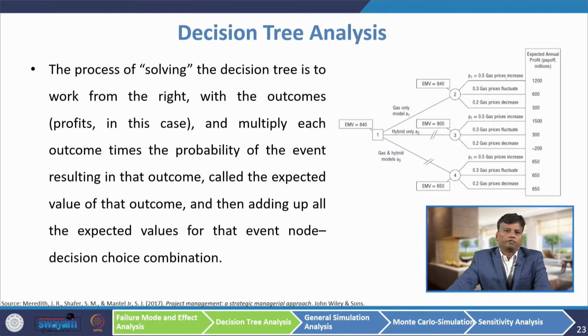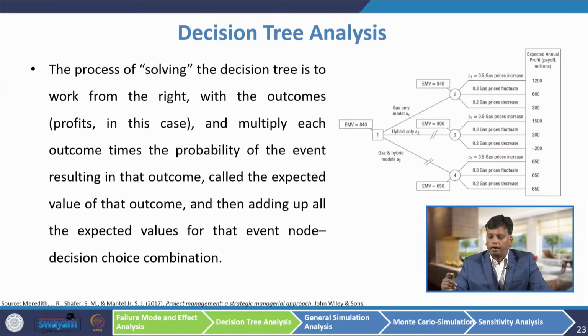The process of solving the decision tree is to work from the right with the outcomes, that is the profit in each case, and multiply each outcome by the probability of the event resulting in the outcome, called the expected value of the outcome, and then add up all the expected values for the event node decision choice combinations. So, what we have to do?